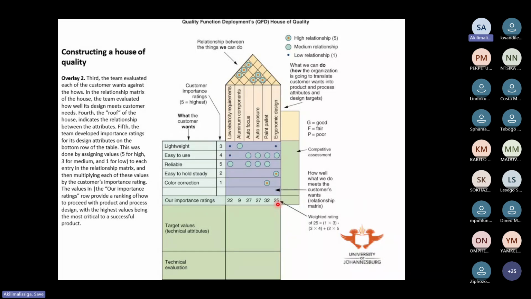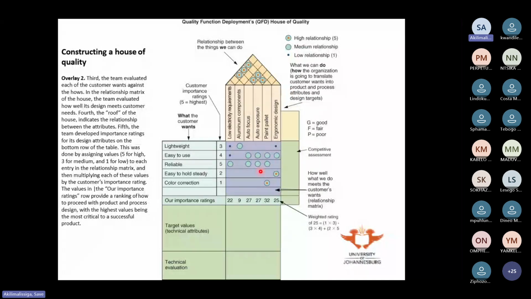Now, for our importance ratings here, I'm going to show you how to come up with this number 22. Based on the legend here, there are numbers between brackets. That means each symbol or sign is associated with a specific number.